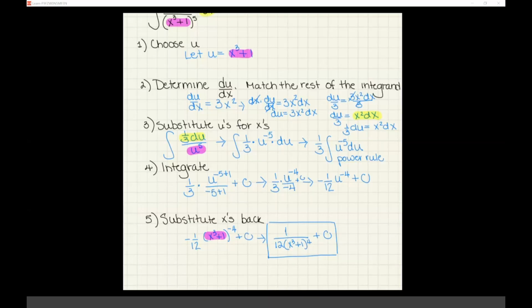Come on, there's about 11 people on the call. I need you guys to participate, please. Where did you get stuck? It's starting to make more sense, kind of. Okay, good. But seriously, it matters whether you got stuck taking the derivative up here, doing the substitution, or doing the integration.